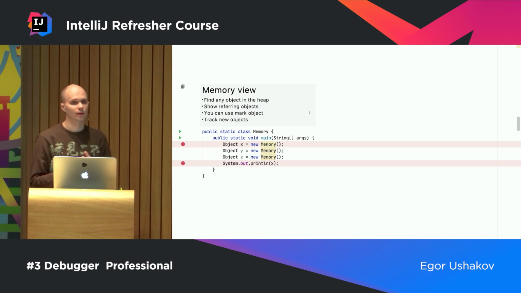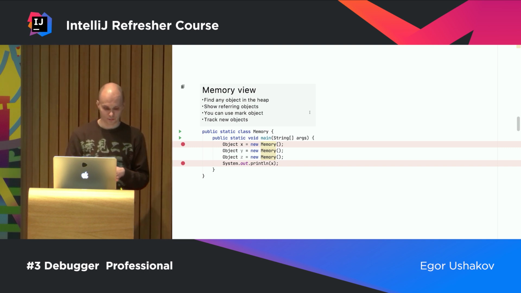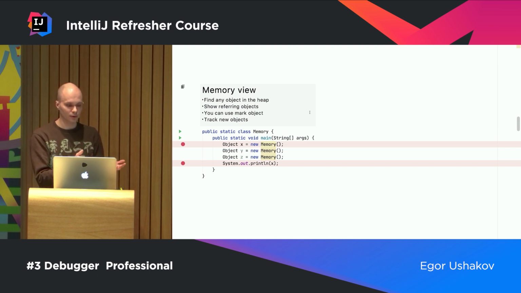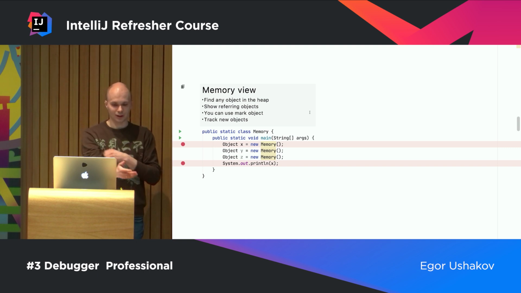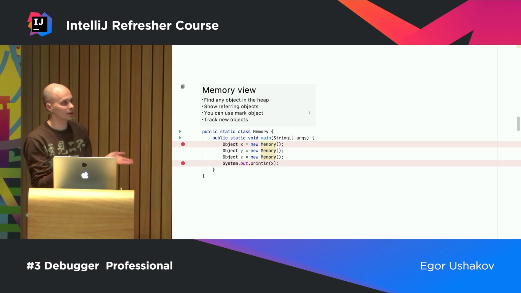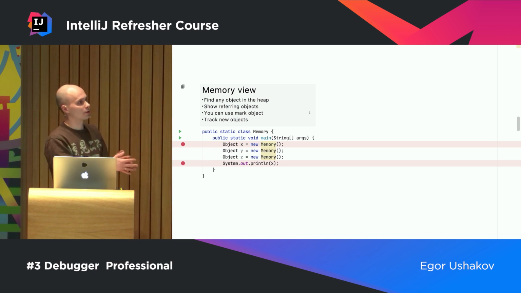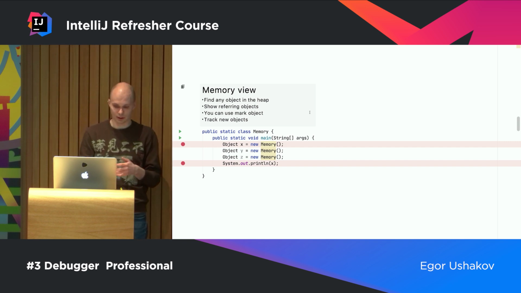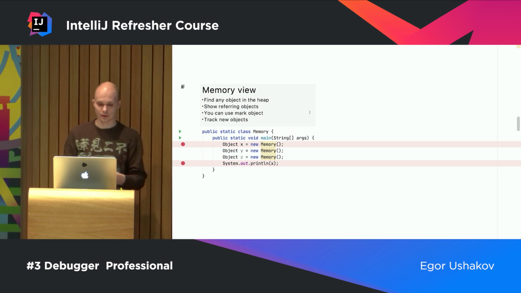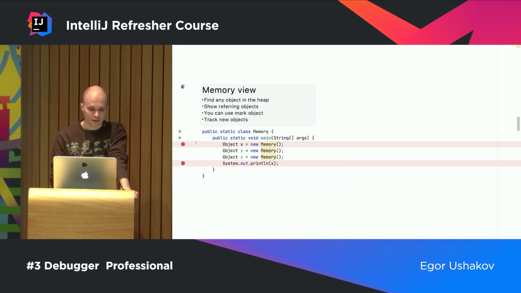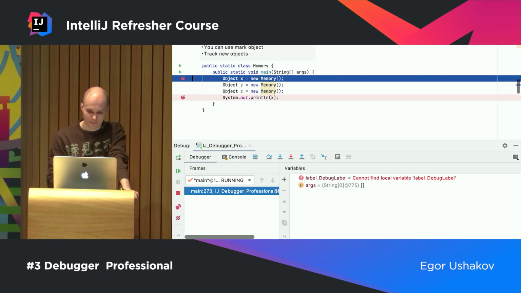So don't think that when you debug an application, you are only in the place where you are right now. Like you have a thread, you have a stack, you have a frame, so you can access only what's there in the frame, or local variables or referenced variables from there. It's not true. The debugger knows everything about your program.